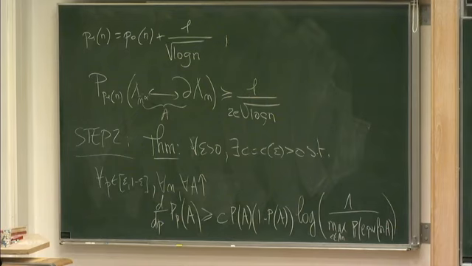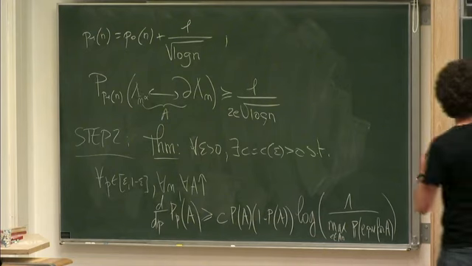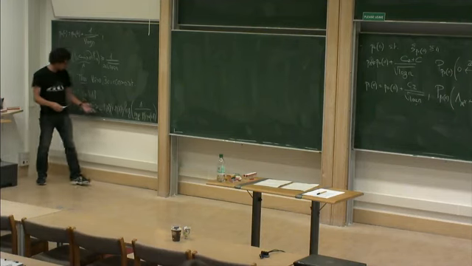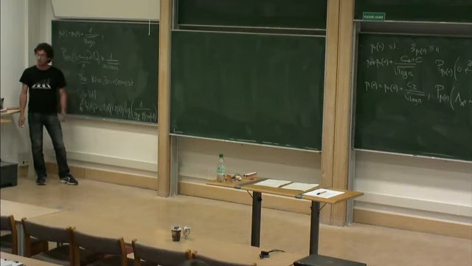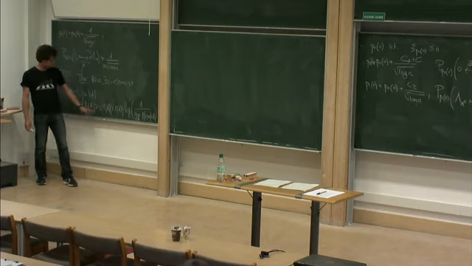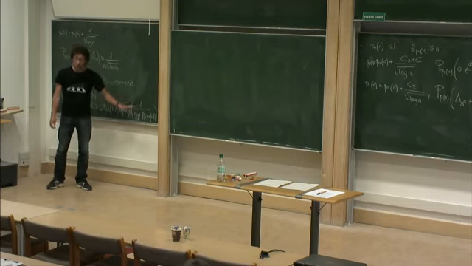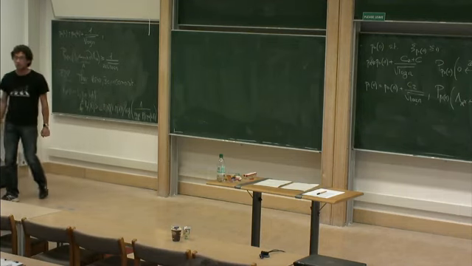Here, from this differential inequality you can get something a little bit different, which is that in fact you have a lower bound on this expected number of pivotals. It's always larger than a constant times the probability of the event, 1 minus the probability of this event, times the log of 1 divided by the maximal influence.